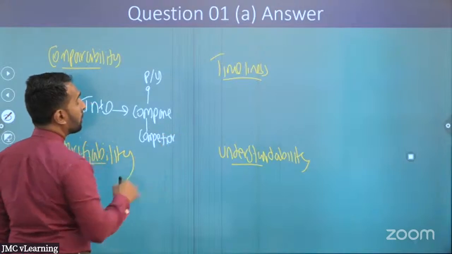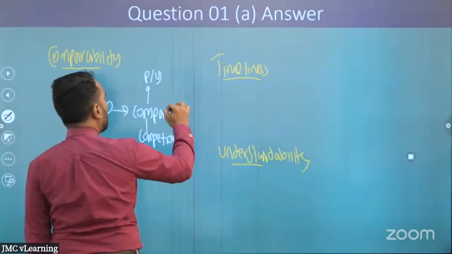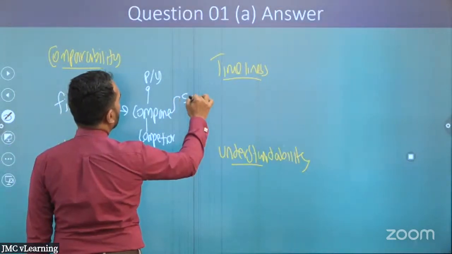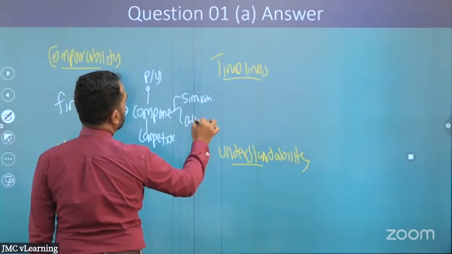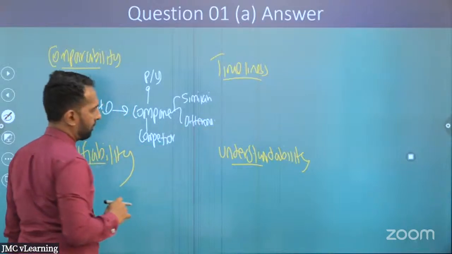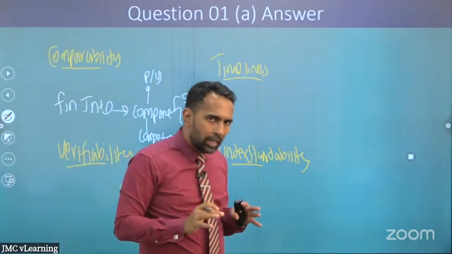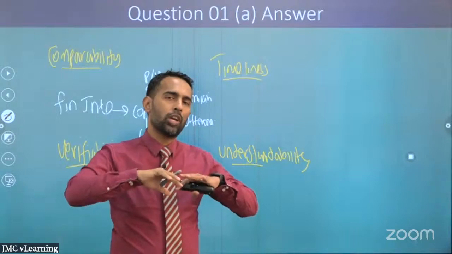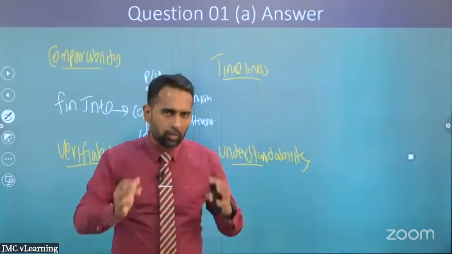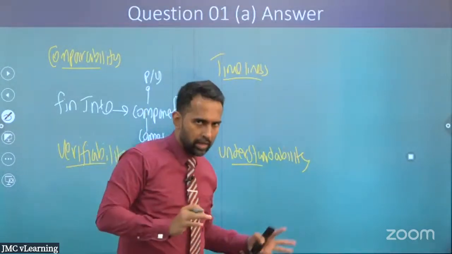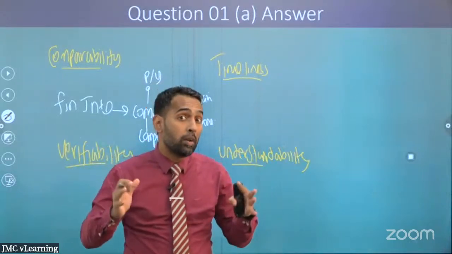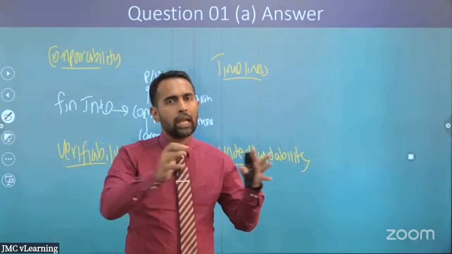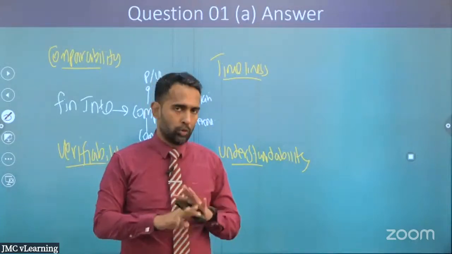By comparing, you should be able to identify the similarities and the differences. This is what you need to write. So comparability means the financial information shall be comparable with similar information, which can be a prior year or a competitor's information, so that we should be able to identify the differences and similarities. That should be your answer.